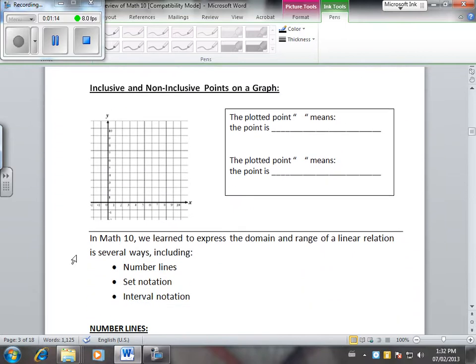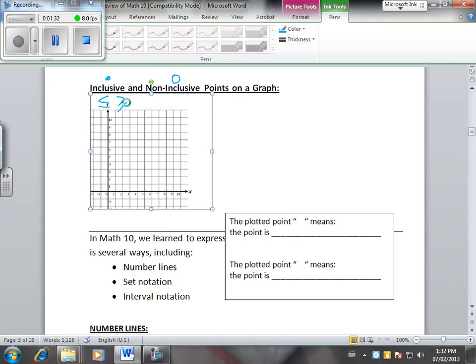We talked about inclusive and non-inclusive points on a graph, right? So inclusive will be a solid dot, and non-inclusive will be a hollow dot. And if you're writing this out, this would be the greater than or equal to, less than or equal to, and then the hollow dot would just be greater than or less than. Okay, and that's what that means there.